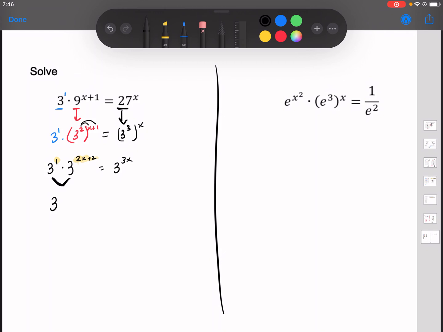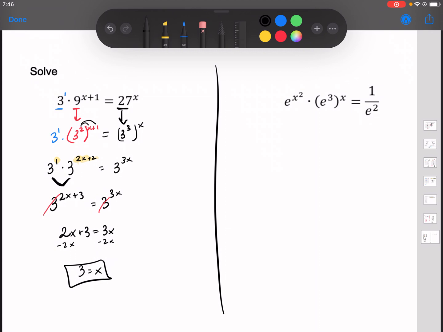So this would be the same thing as 3 raised to the 2x plus 3. And then now I can drop the bases. So I have 2x plus 3 equals 3x, and I can solve that by subtracting 2x. So 3 is equal to x.